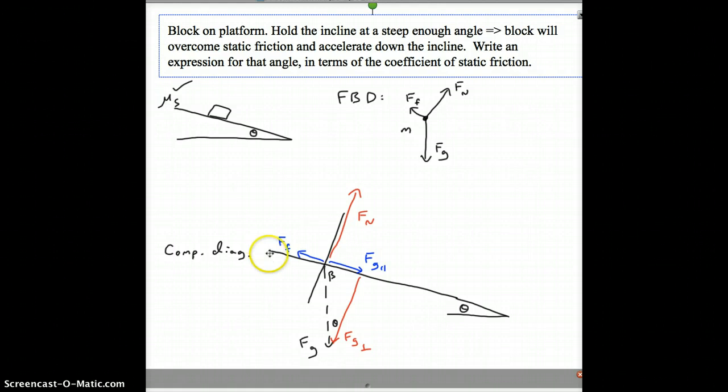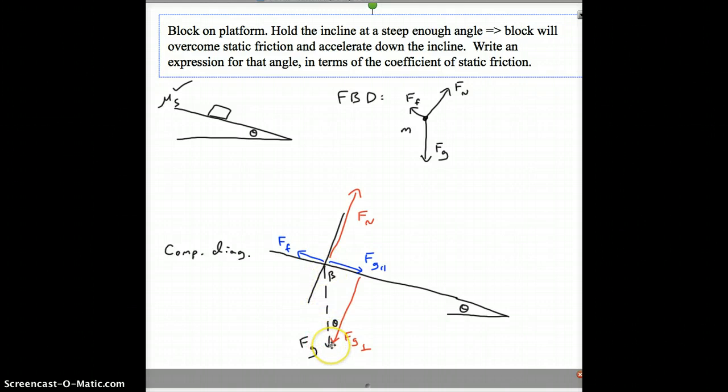This downward dashed gravity force vector consists of a component in the parallel direction, which I've drawn in blue, and a component in the perpendicular direction, perpendicular to the incline, which I've drawn in red. Is that right? If I start here and go this blue vector, then this red vector, yes, I wind up at the same place as I would have if I just went down this black vector.